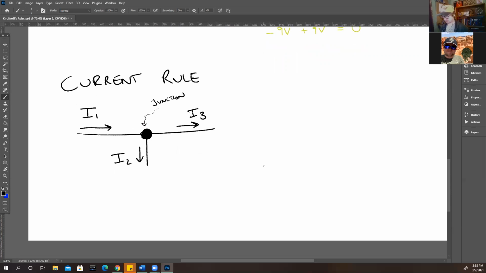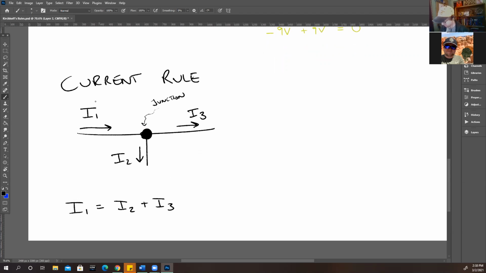So exactly like the definition above, the current flowing into the junction is the same amount as the current flowing out. In this case, I1 would equal I2 plus I3.